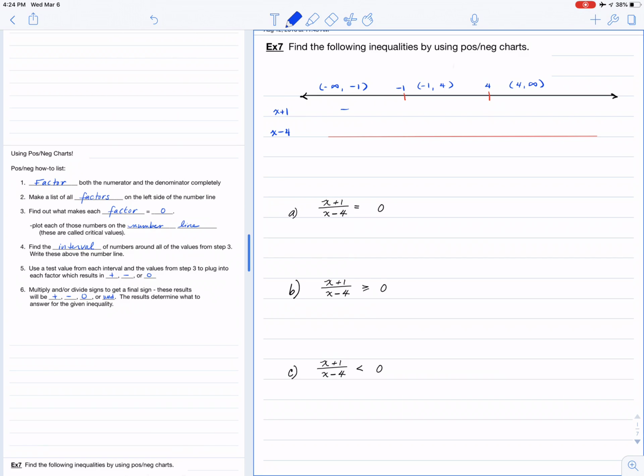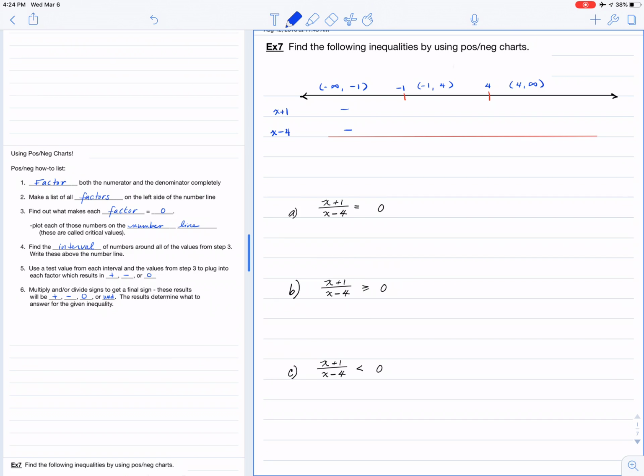Same thing with the next factor, x minus 4. If you want to use that same number from your test interval, that's fine. Or if you want to choose a different test value, that's fine too. But any number you plug in is going to end up being a negative once you plug it into that factor.